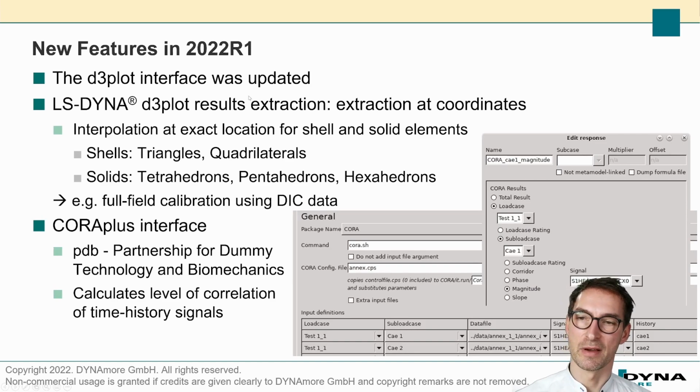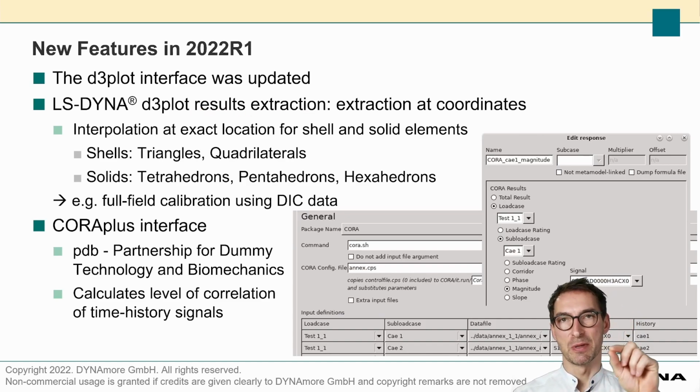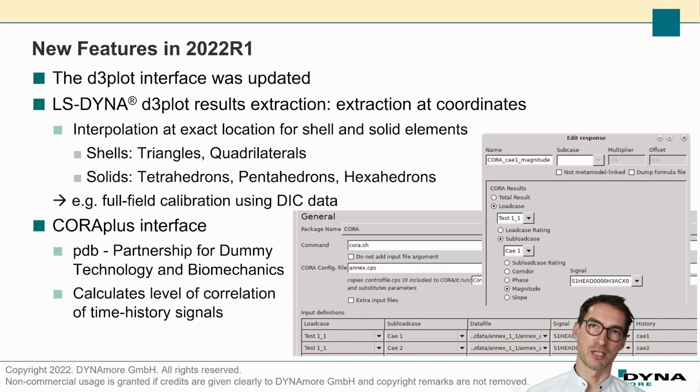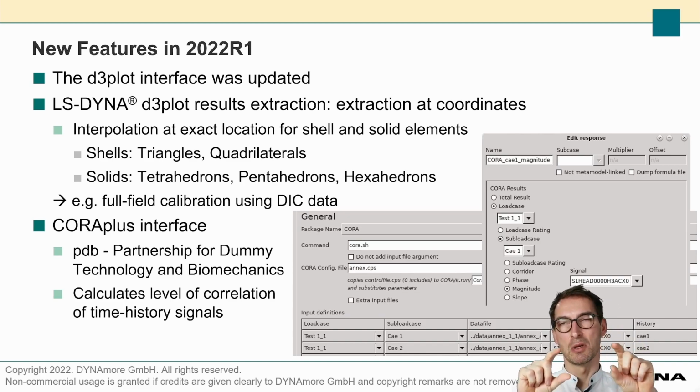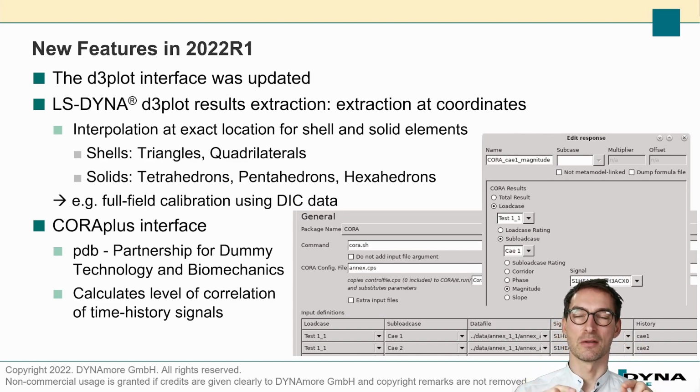Also, the plot interface was updated. I think what's really important to note is that it's now possible to extract or interpolate values between nodes. If you have a simulation performed using finite elements, then you have nodes, and usually you just have values at the nodal locations, and stresses inside of elements.